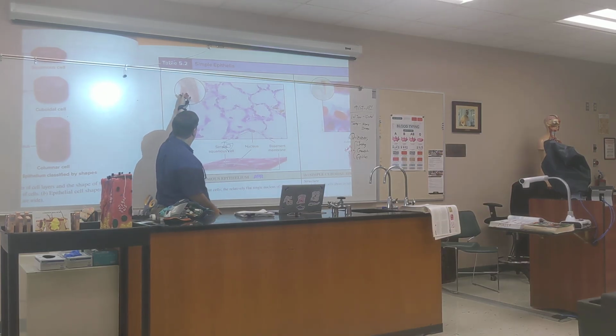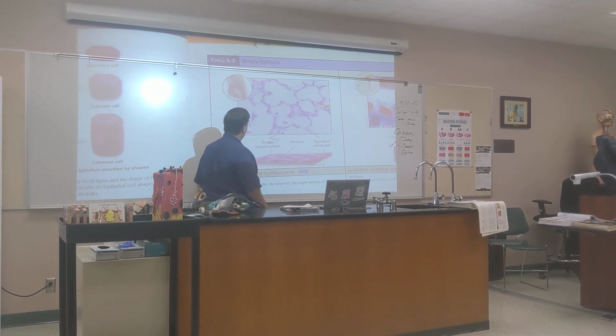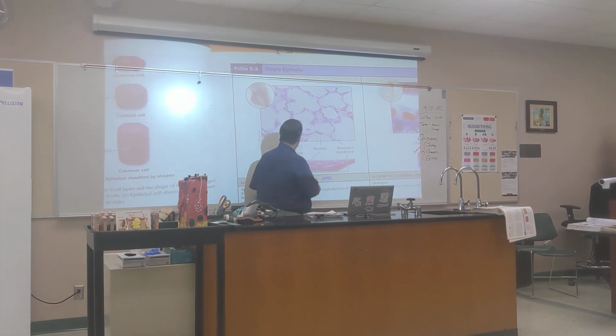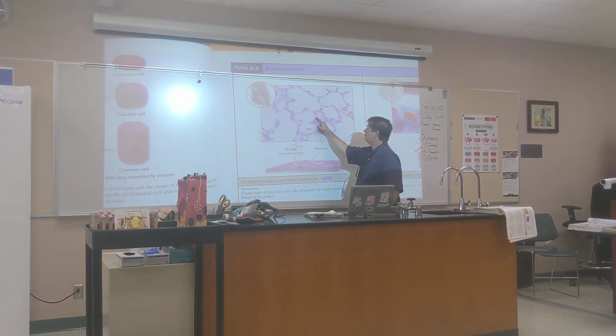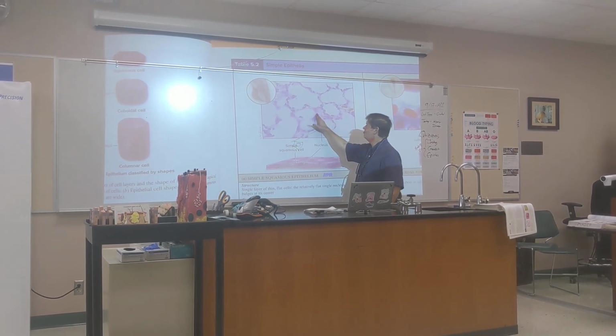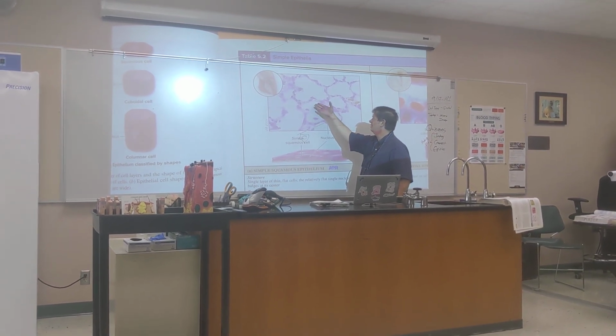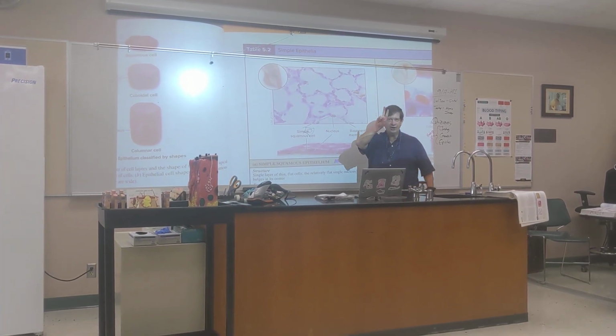This is lung. This is the air sacs in the lungs. Let's talk about that. Here you have capillary, and here you have air. Look at how thin the barrier between air and blood is. It's 2 cells thick.